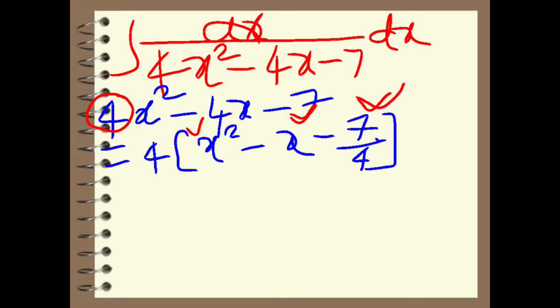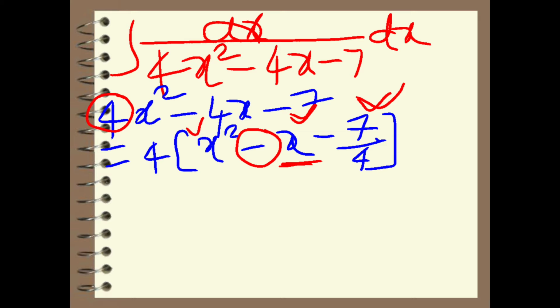So the first three terms change to a minus b whole square or a plus b whole square depending on the sign of the linear term. What is the sign of the linear term here? Minus. So it should be converted to the form a minus b whole square.